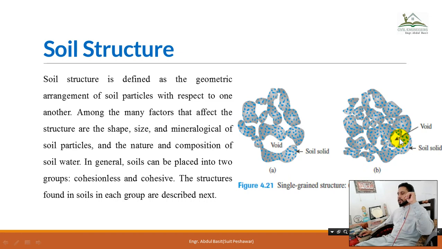In the dense soil you can see the size of the void is comparatively small as compared to figure A, where the loose soil has a void size a bit greater than this one. So simply we can say that in loose soil the engineering properties will be different as compared to dense soil, and they will have different structures as well.